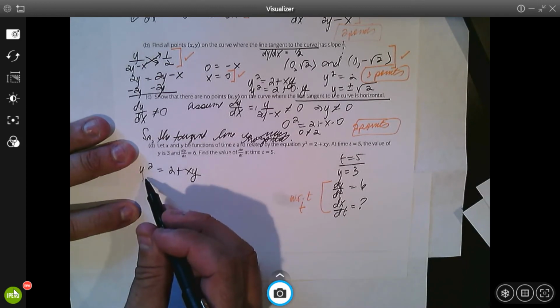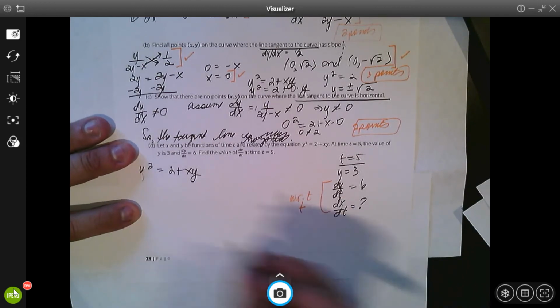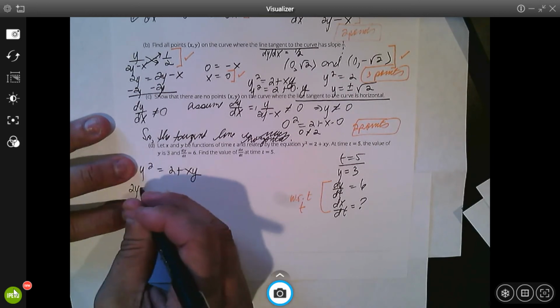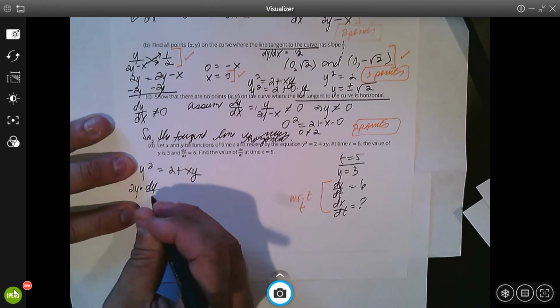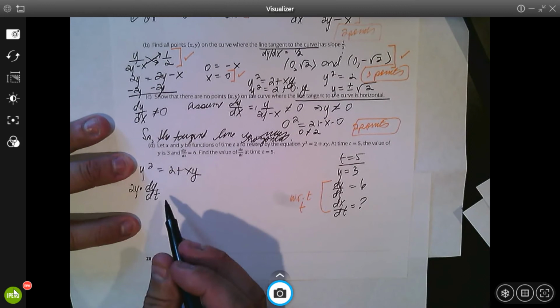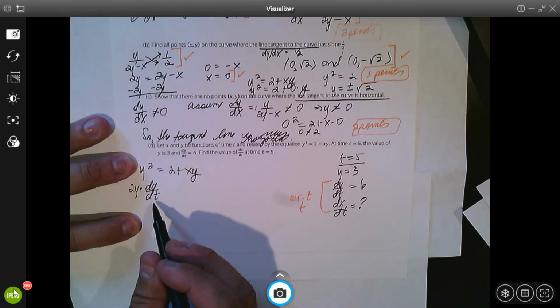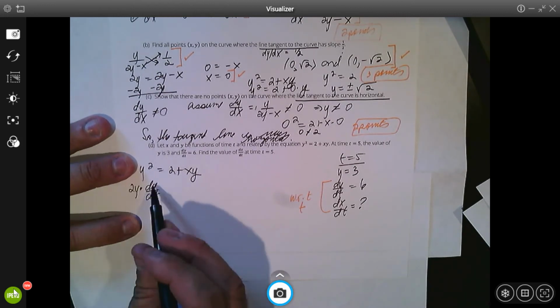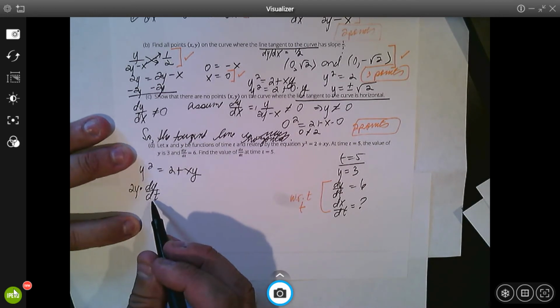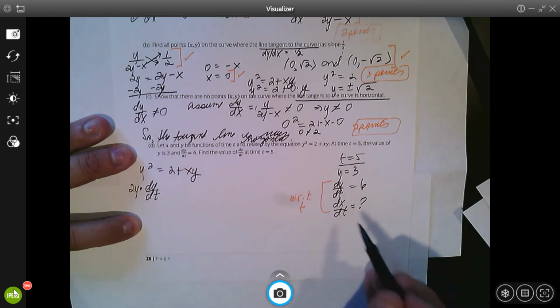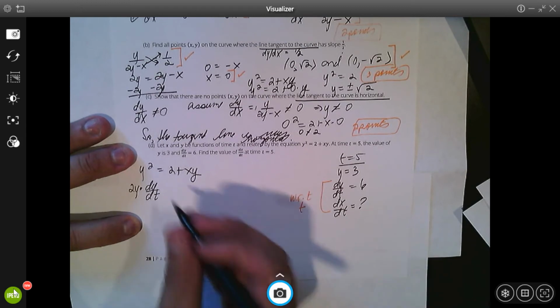What's the derivative of y squared with respect to t? Well, that's 2y times dy dt. You were probably thinking I was going to write dy dx here. This is 2y times dy dt because we're measuring how y changes with respect to time.